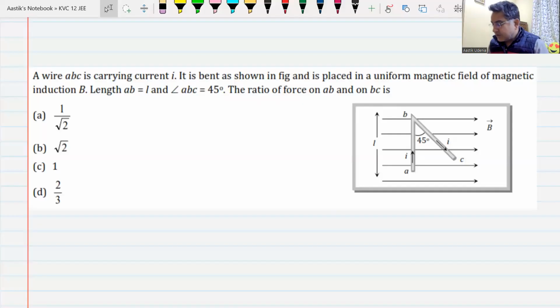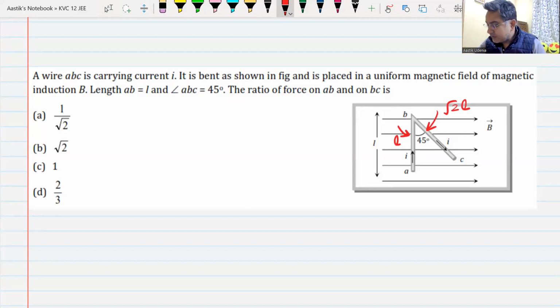√2. So how are you supposed to do this? The length of this side will be L, yes or no? And the length of this side will be how much? √2 L, yes or no?